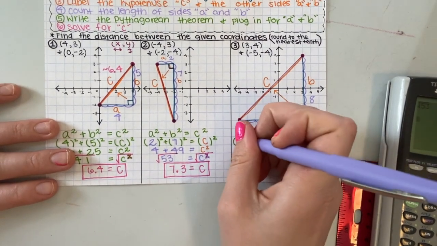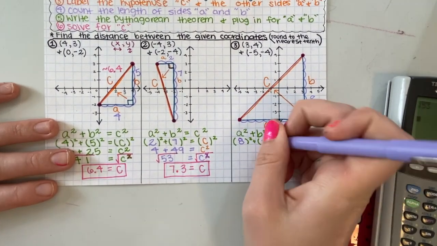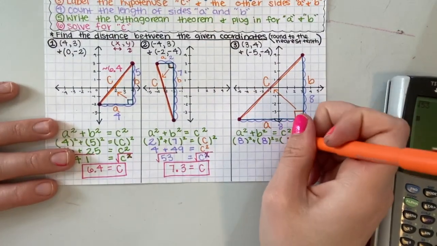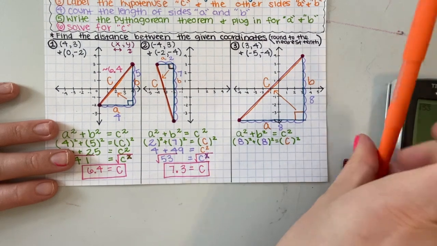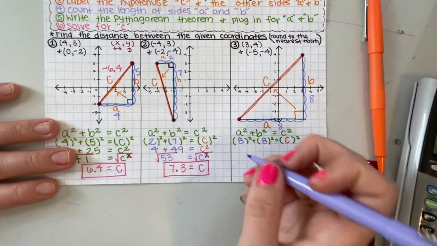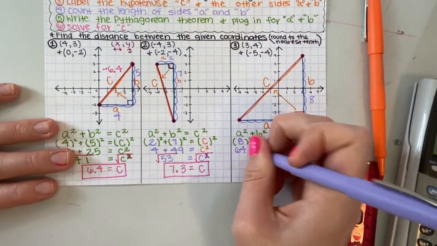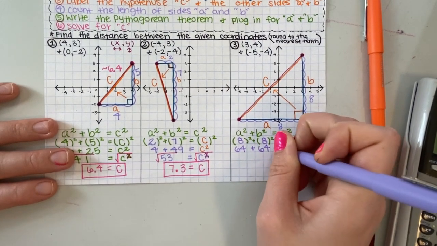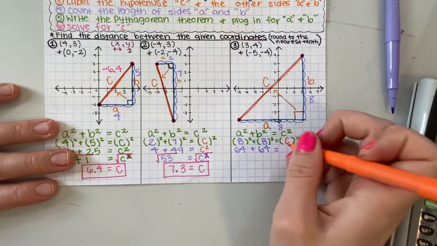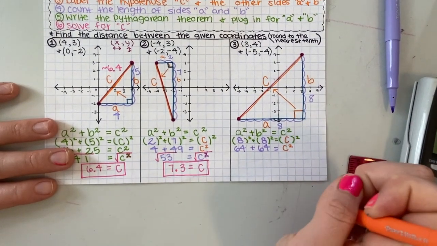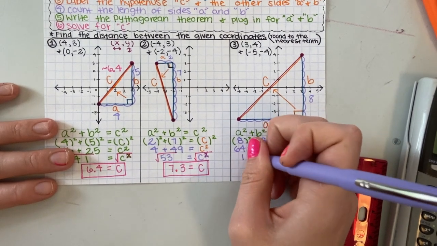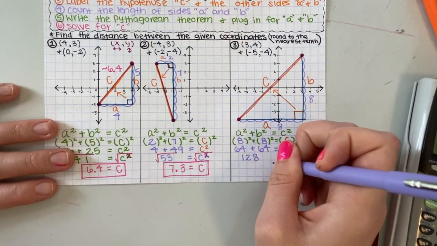A is 8, B is also 8, C is unknown, so we're leaving it as the letter C. 8 squared is 64, plus 8 squared, 64, equals C squared. 64 plus 64 is 128.